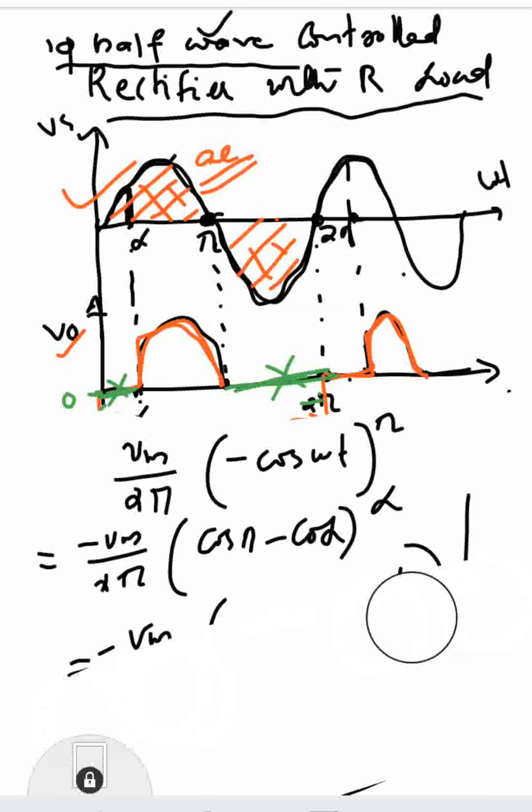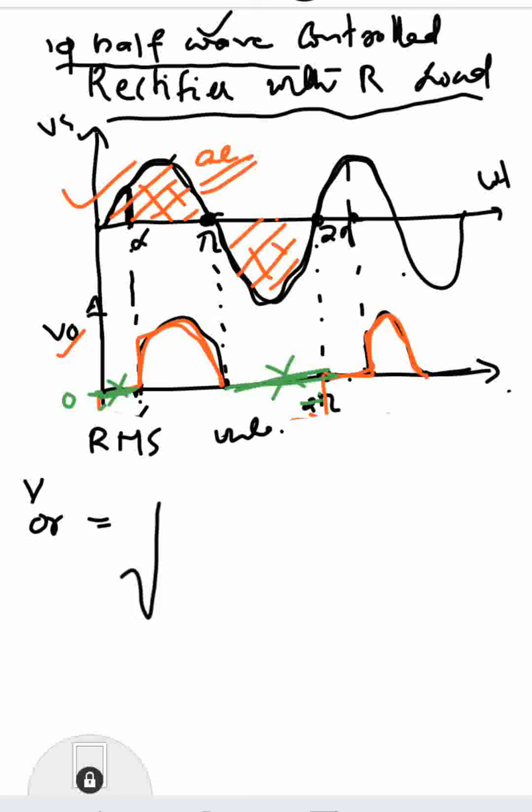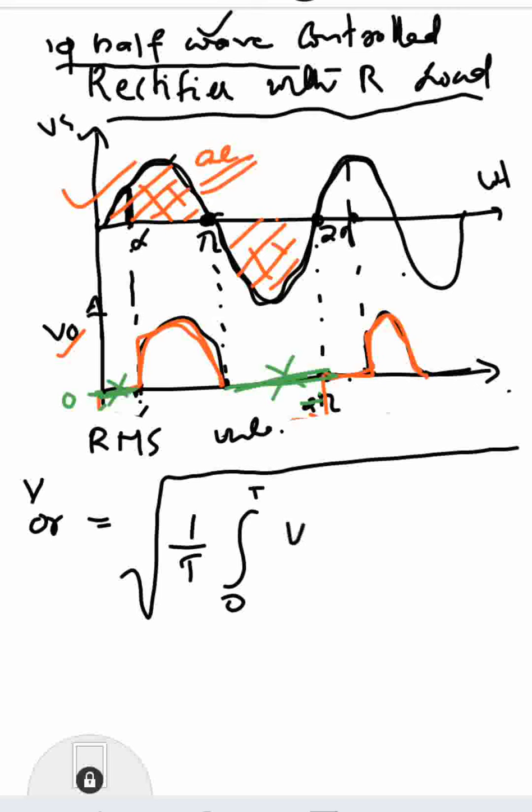Similarly, you need to calculate the RMS value of the output voltage also. How to find the RMS value? V0 RMS is equal to the square root of 1 by T integral 0 to T of Vm square sine square omega t, because RMS is root mean square: root, and this is the mean square.